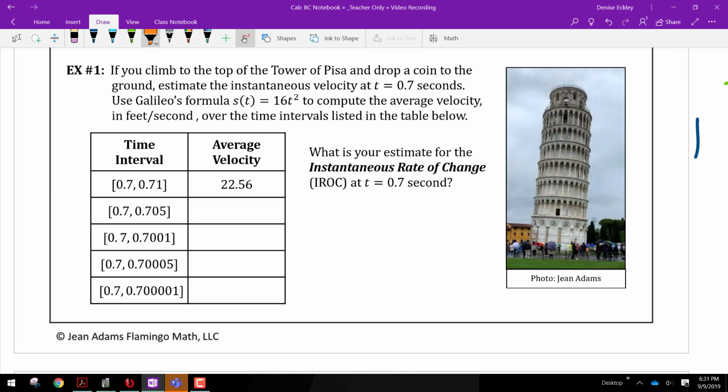Okay, so I've laid out the time intervals for you here, and you can see in the first interval it's a hundredth of a second, and then it's 0.005, so it's 5 thousandths of a second, and then 0.001. We're getting smaller and smaller in our time interval, so that by the end it's probably as fast as the blink of an eye.